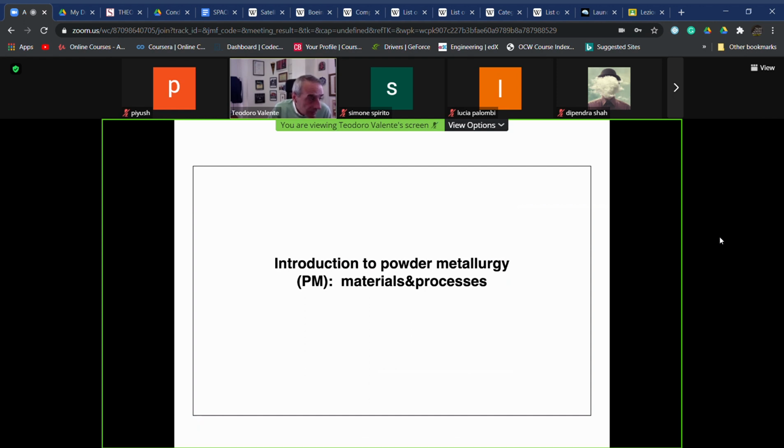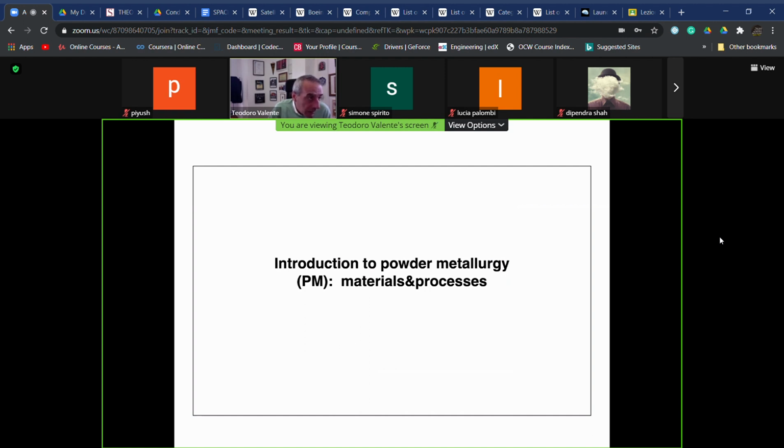And so the powder metallurgy technologies, even though we are talking about metallic or ceramic metallic alloys, are based on sintering, starting from powders.